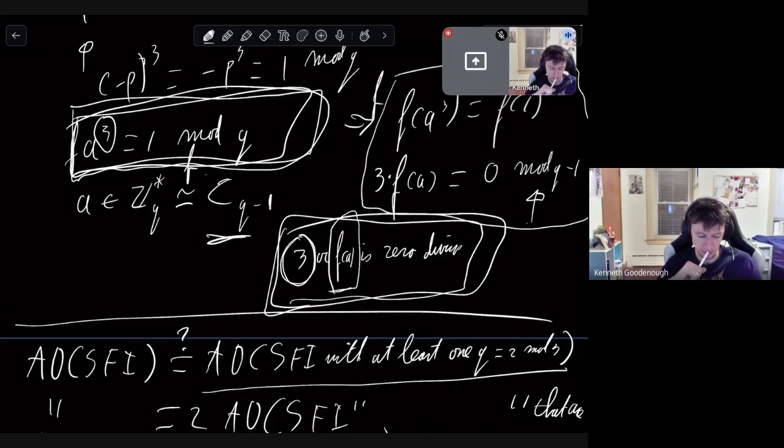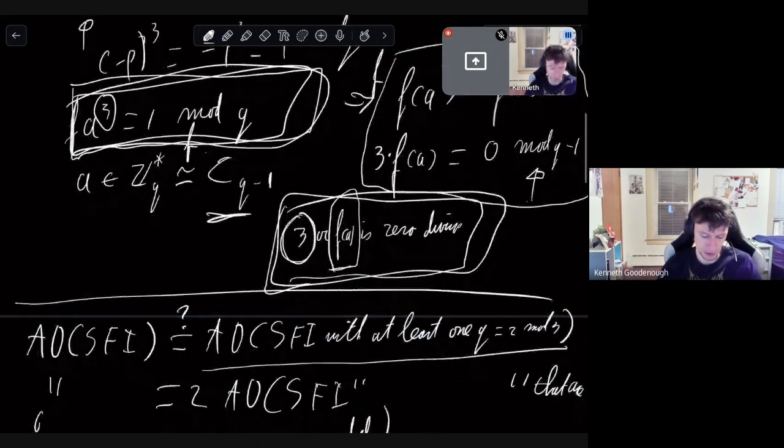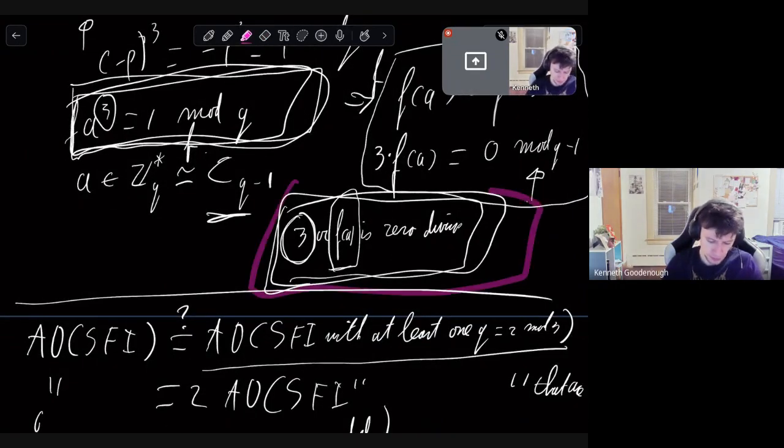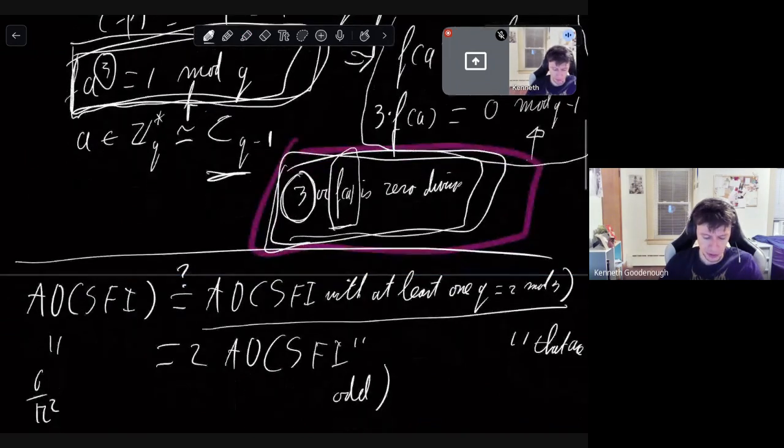Of course that depends on the divisibility properties of q minus 1, and that was the key step that we had here. That's what I want to focus on today a little bit more.